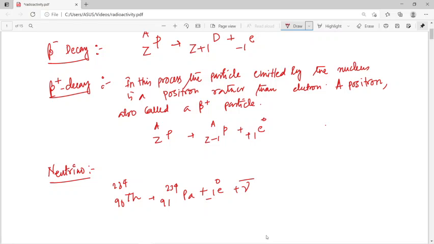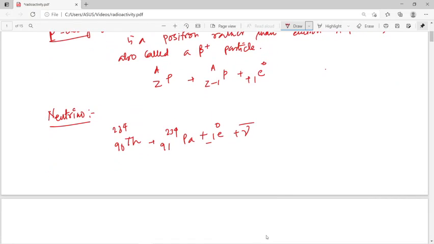The neutrino has some properties that you should remember. The first property is zero electric charge.